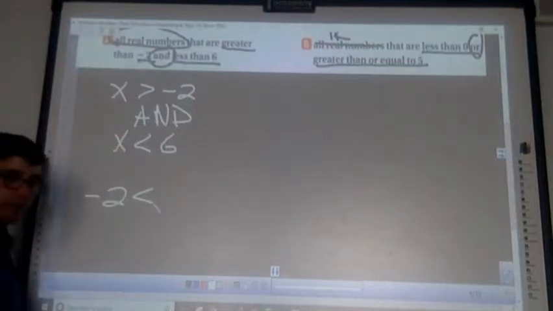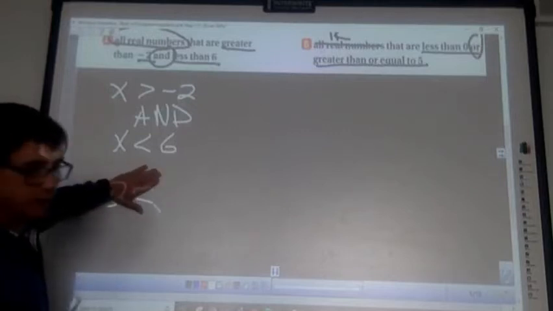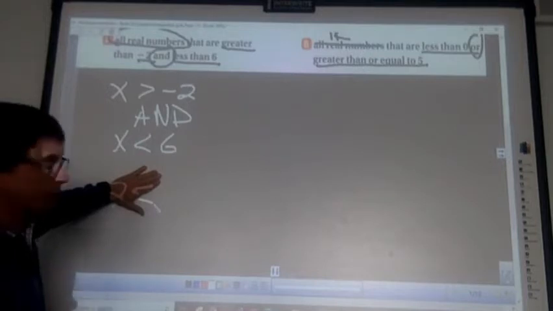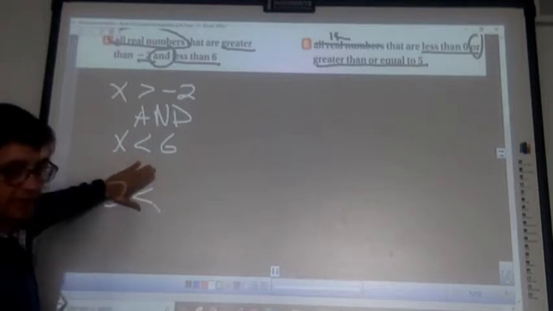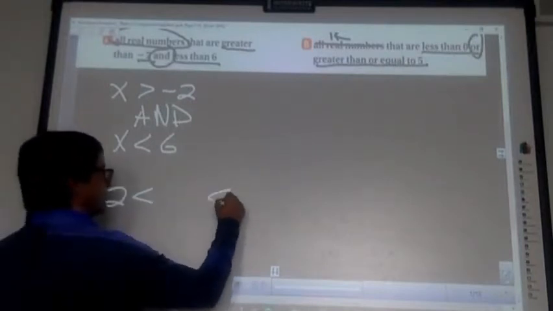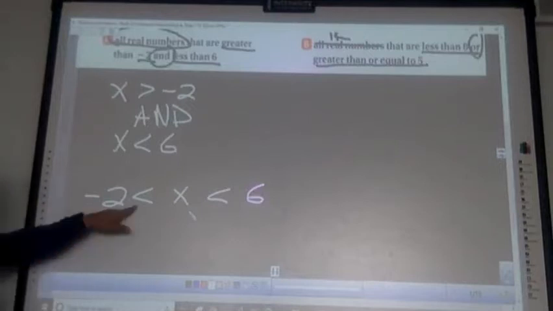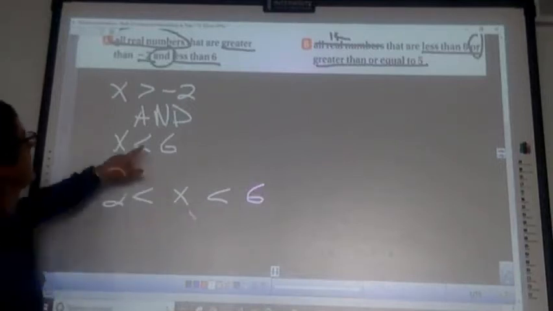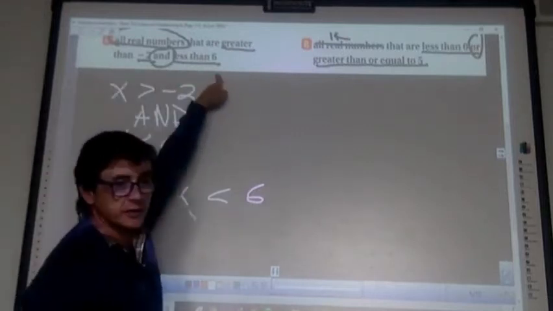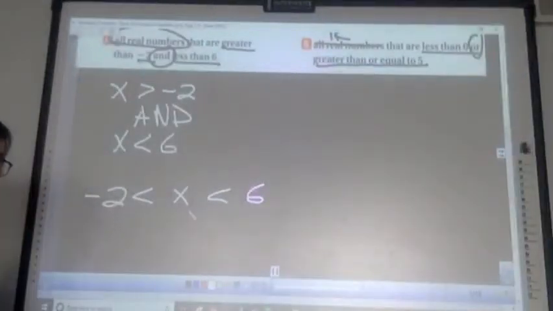The inequality signs are always less thans. So remember, if you have any bit of dyslexia and you get confused less and greater, I know I did when I was in school, left hand less than, it makes a less than sign. So it's always less than. Big number on the right, variable in the middle. I don't need the lines under because it never said greater than or equal to here or less than or equal to. So that's why it's just less than signs.